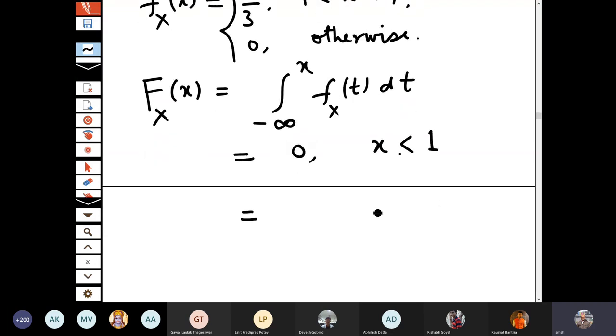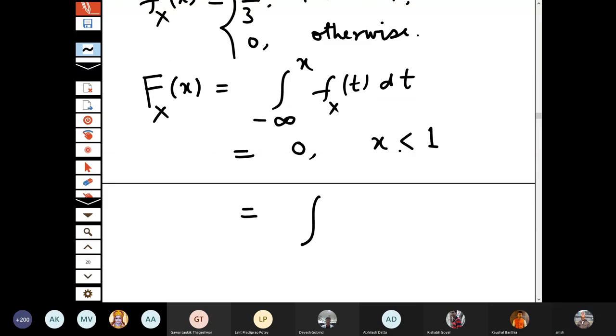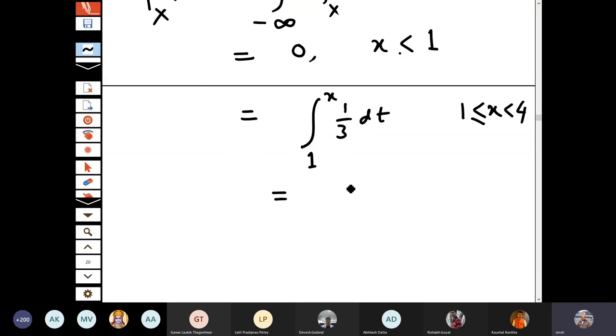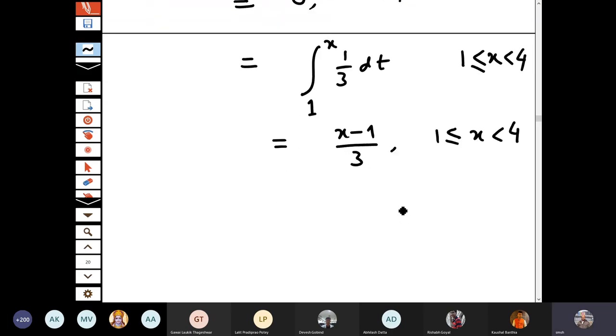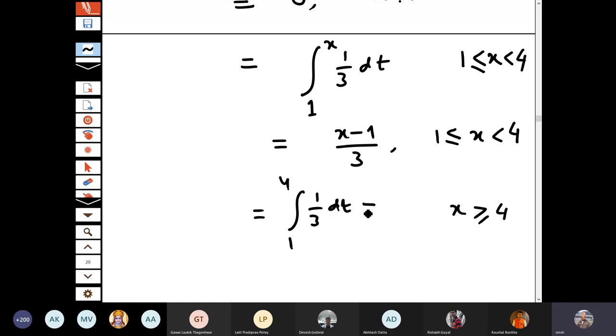Now, if x is greater than 1 but less than 4, then it is the integral from 1 to x of 1/3 dt. So then it becomes (x minus 1)/3. And if you consider x to be greater than or equal to 4, then it is the integral from 1 to 4 of 1/3 dt, which is actually equal to 1.